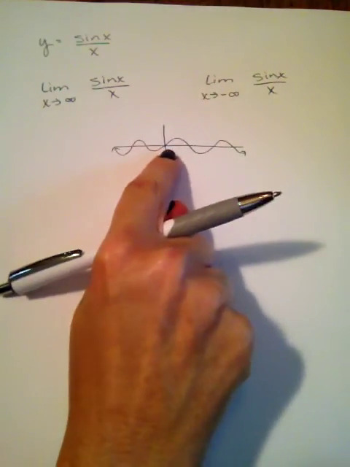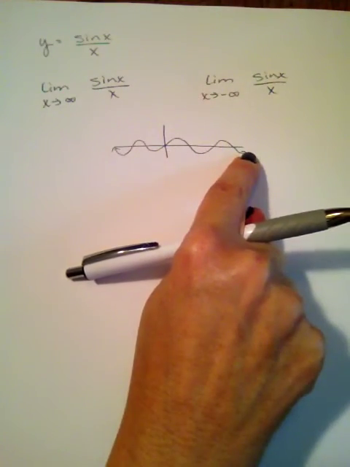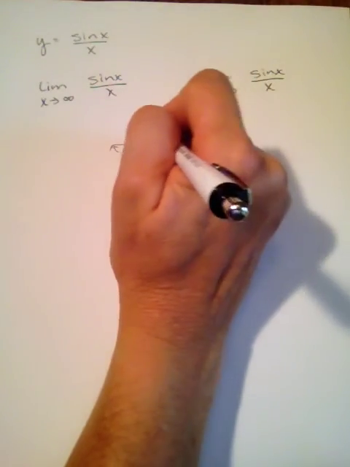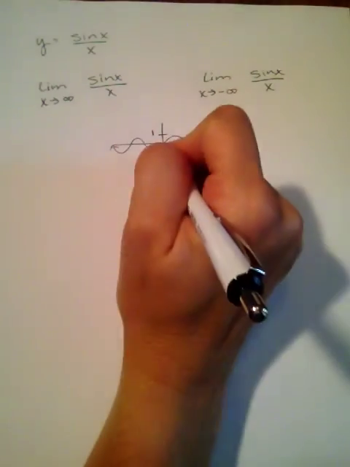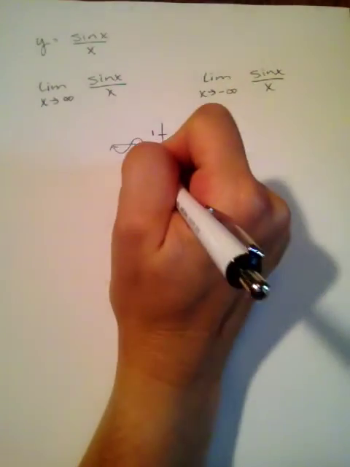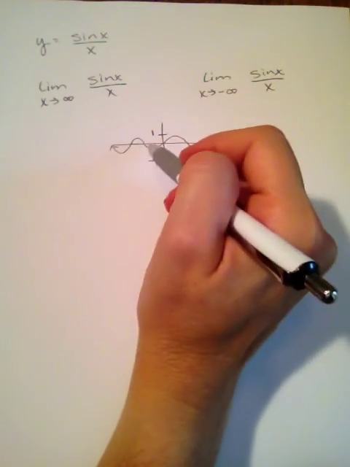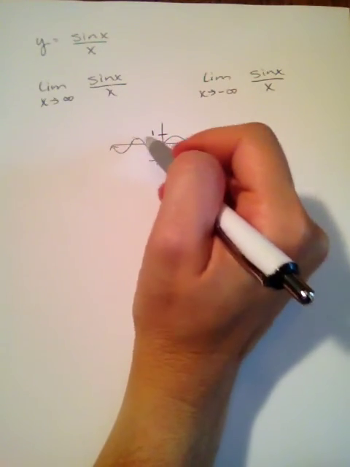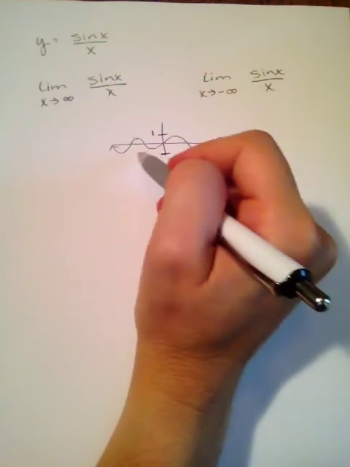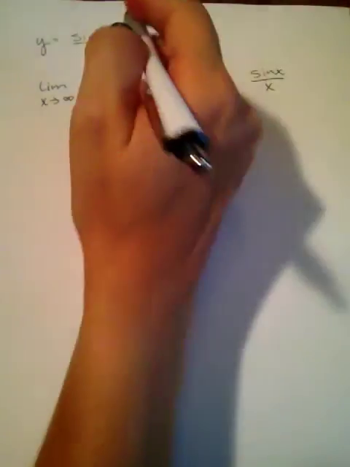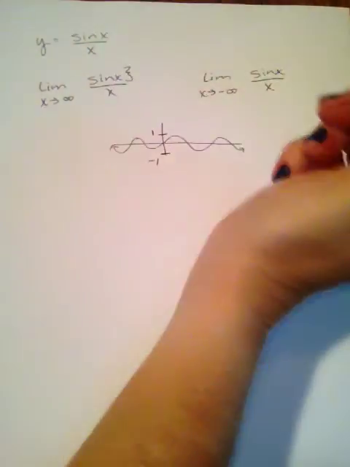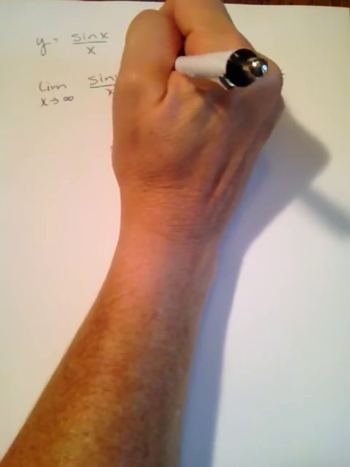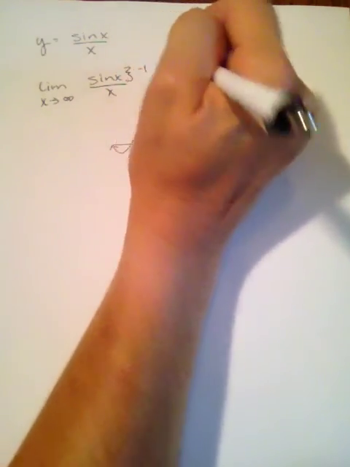It's a wave function. So as I go to the right, the highest it can get is 1. The lowest it can get is -1. As I go to the left, the highest value it can have is 1. The lowest value it can have is -1. So basically, this function is something between -1 and 1.